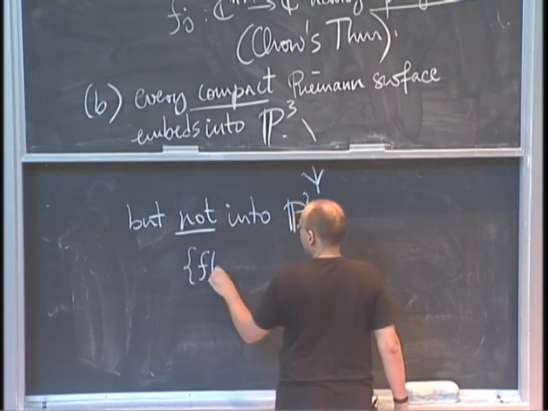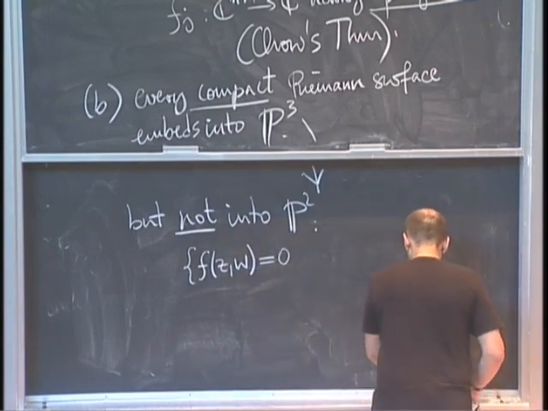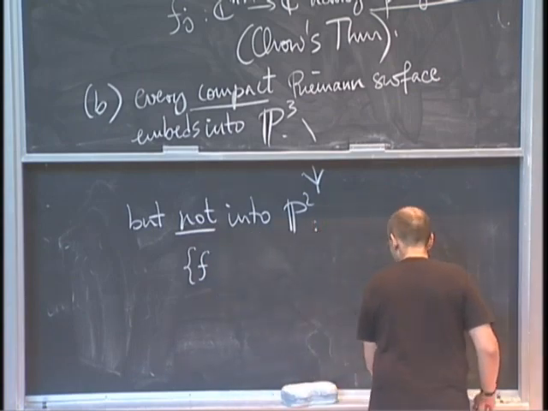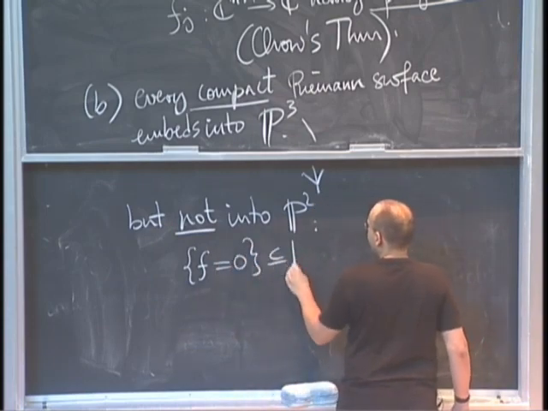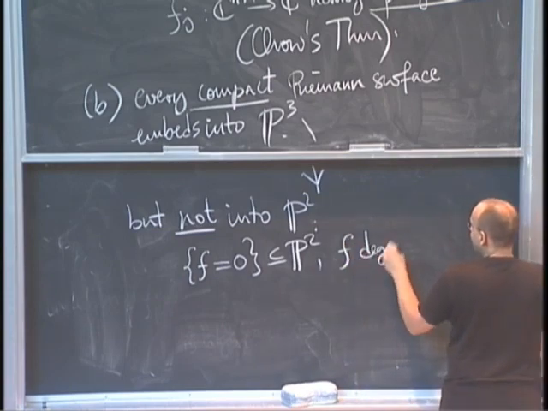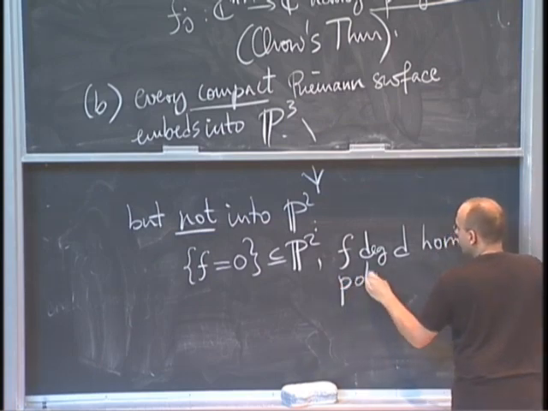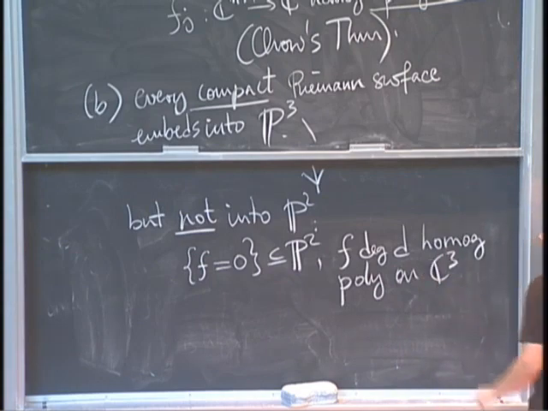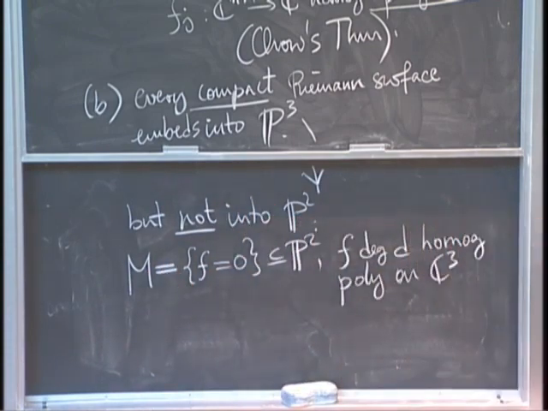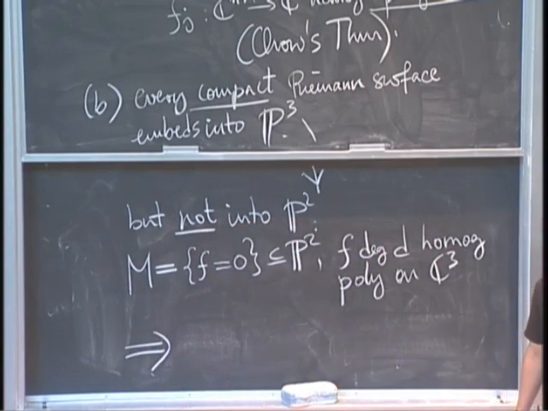The fact that you can prove is that if you take the zero set f equal to 0 in P2, where f is a degree d homogeneous polynomial on C3, and that's your Riemann surface M, then M is a compact orientable surface, so it's characterized by its genus.